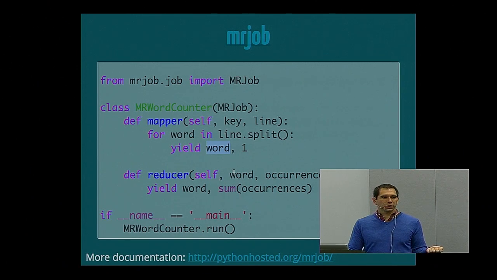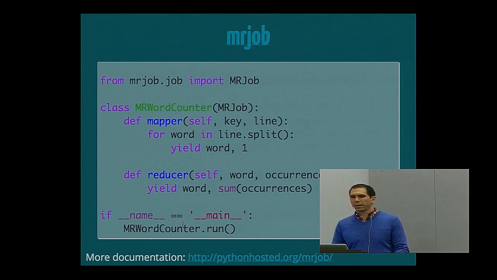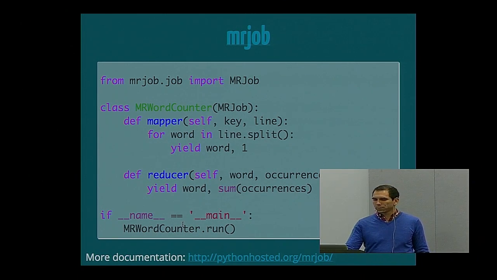In the reducer, we get that key that we output and all of the occurrences, that generator of ones. Then we can just sum all of the occurrences, and then again, to output the key and value we're interested in, we use yield. Down at the bottom, we have the typical double under main function.